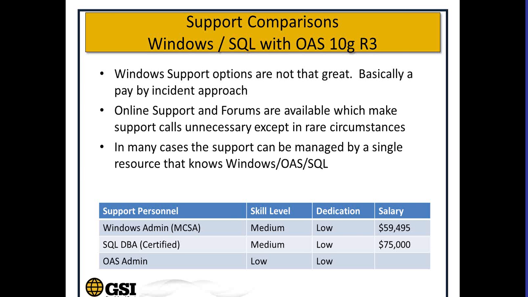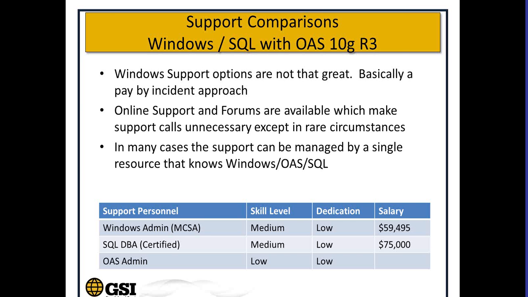So when we look at Windows and SQL with OAS 10G, first things to consider right out of the bat, as far as support from the vendor, the support options from Microsoft are not really that great. You have a pay per incident type of approach.